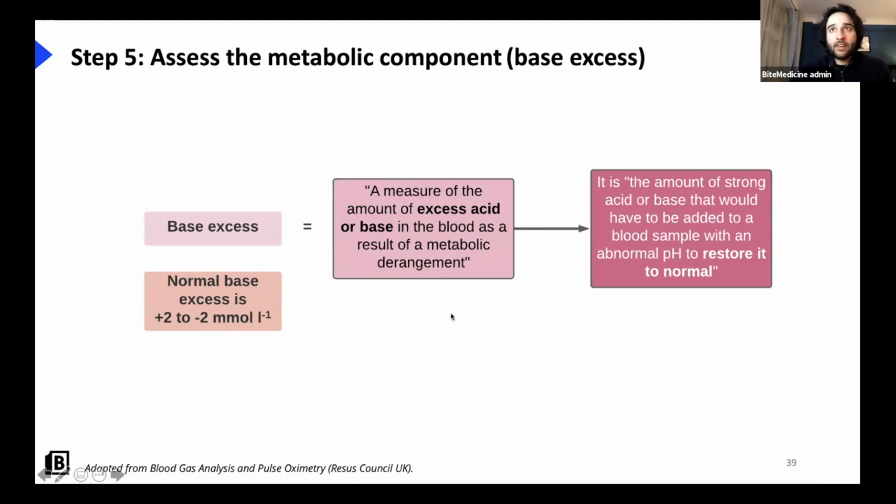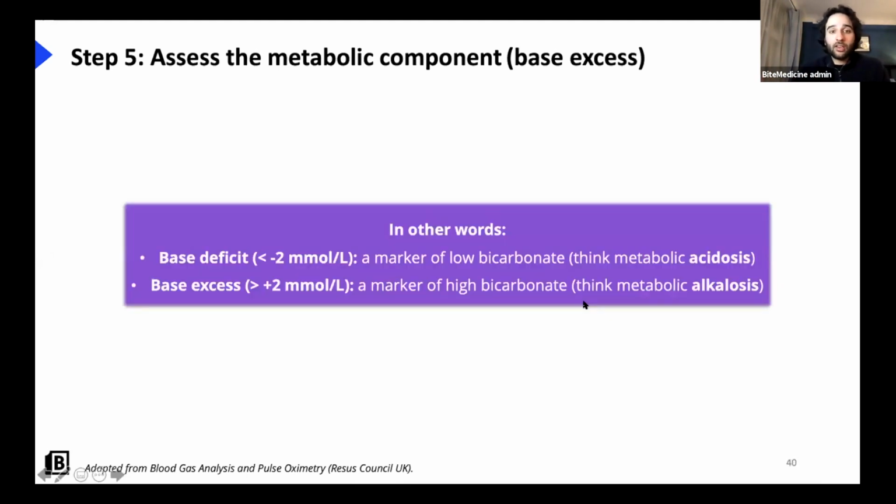And that's all base excess is. So base excess less than -2, we're thinking low bicarbonate and therefore metabolic acidosis. Base excess of more than 2, we're thinking high bicarbonate and therefore metabolic alkalosis. Really, that's as simple as it can be.